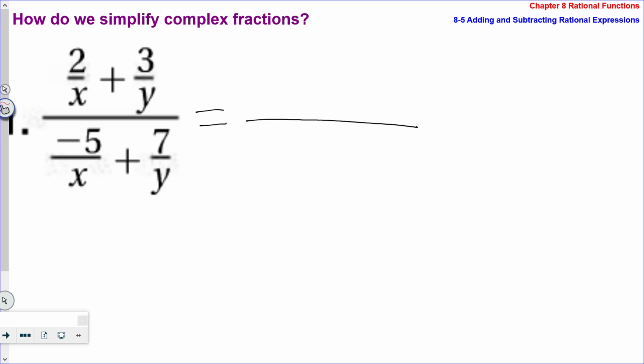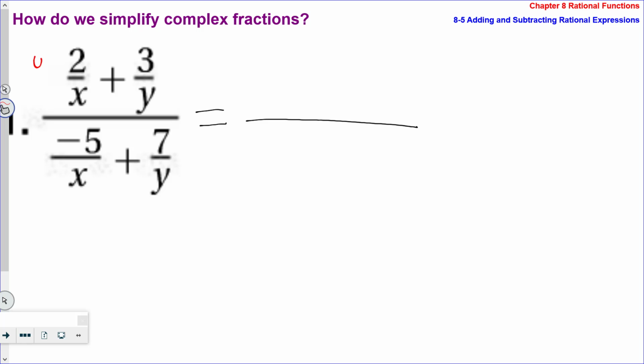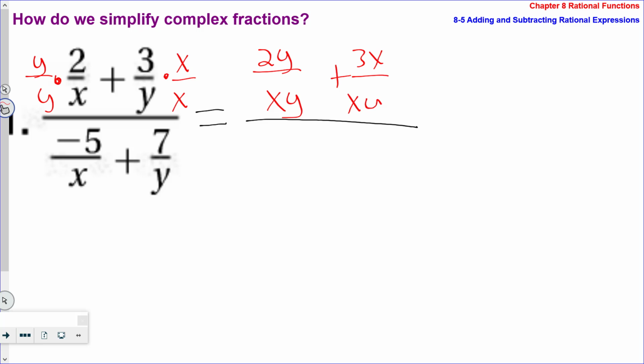Exactly. So we're going to multiply this first one by y over y. This is going to be 2y over xy. We're going to multiply this fraction over here by x over x. This is going to be 3x over xy. Let's just stay in the numerator for now.